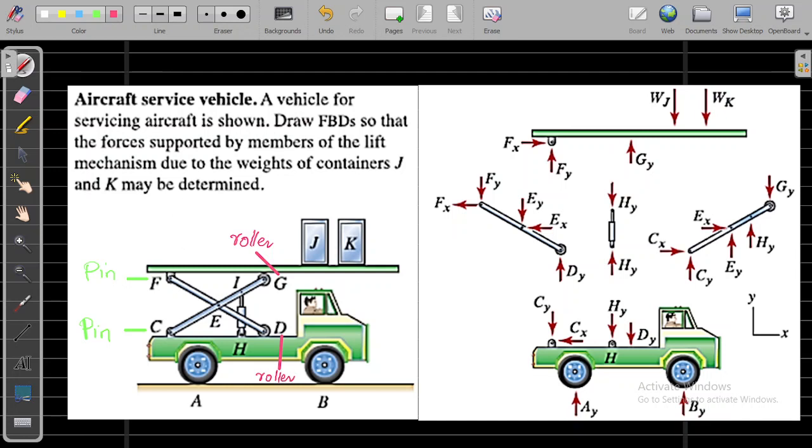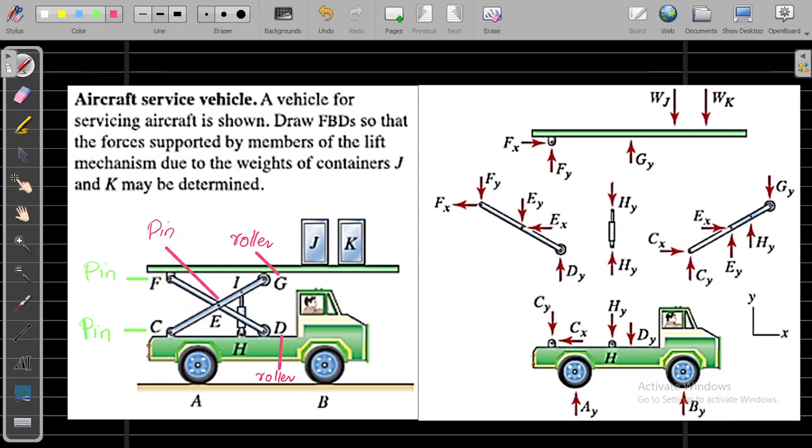Okay, and at this point also you have a pin connection.